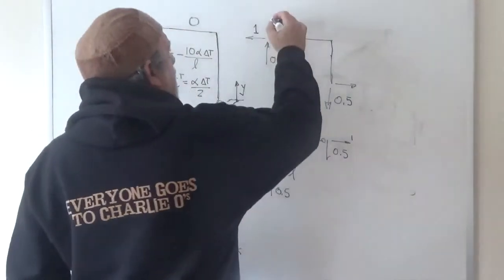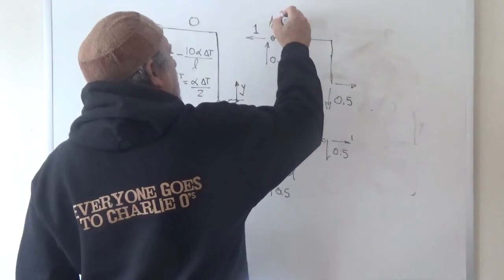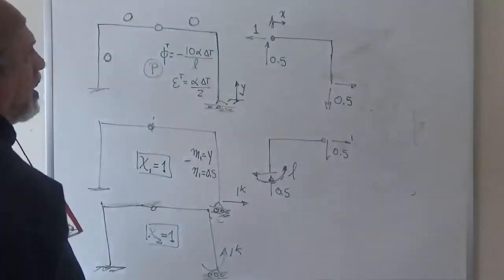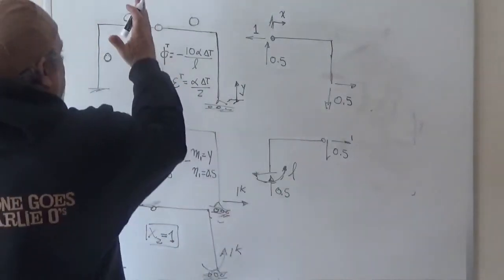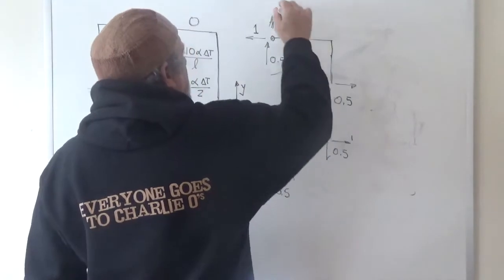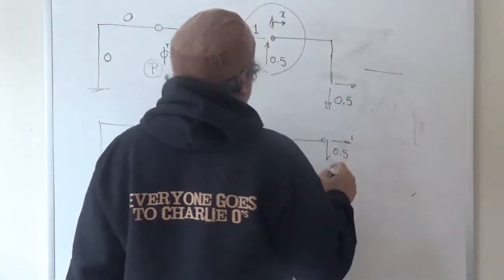I'm going to switch the game just a little bit for interest or whatever, and I'm going to just start a coordinate there that moves to the right instead of going that way to the left. So if I start a coordinate at the hinge that moves to the right and call it x, then I can use this as my bubble. And I see that that bubble would look like this.